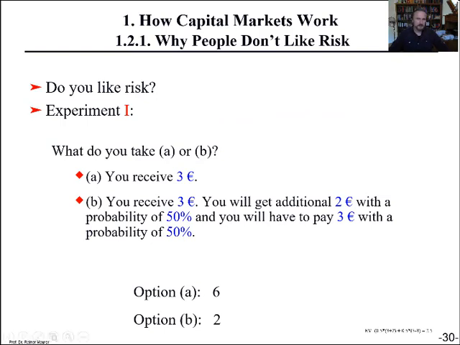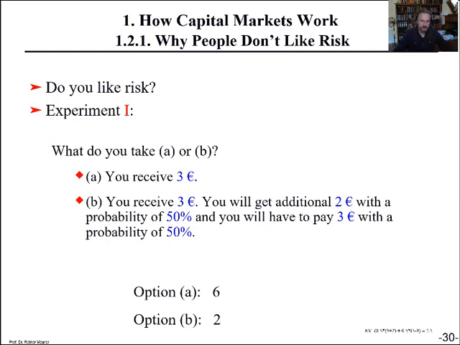You had the possibility in 3 different experiments to choose among 2 different options. In the first experiment, option A offered a sure payment of €3, while option B offered an uncertain payment of €5 or €0 with equal probability.